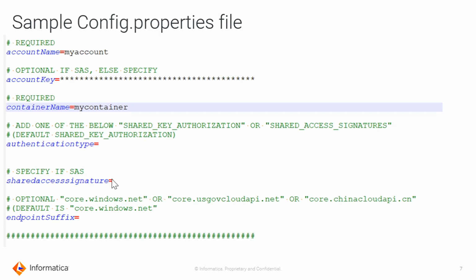And if you are using shared access signature authentication, you'll also need to specify the shared access signature value. And the last option is the endpoint suffix. This specifies your Azure environment. By default, if you do not specify anything, it takes core.windows.net.